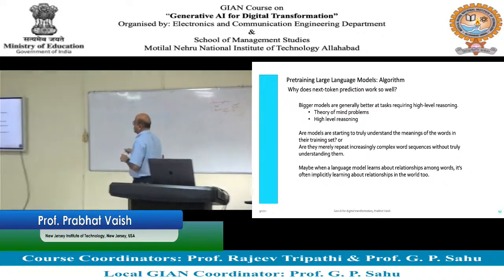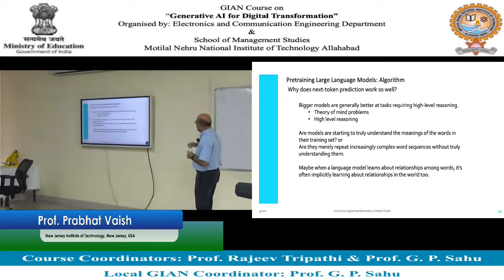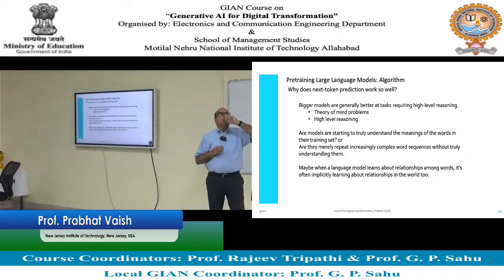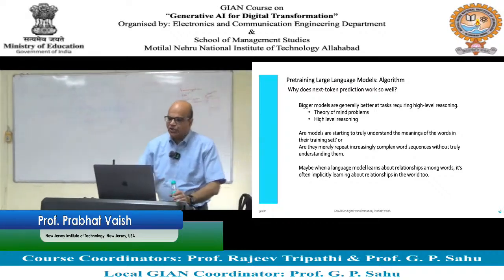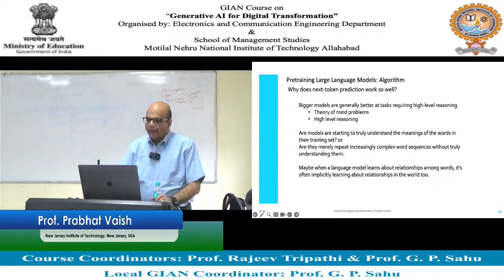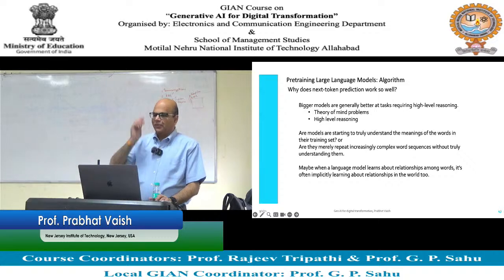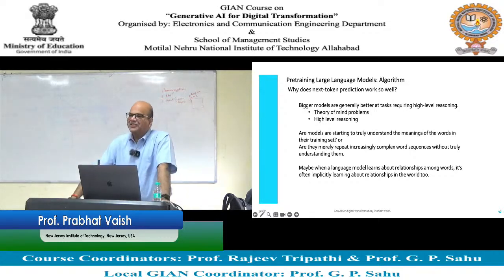This is what we were talking about, theory of mind problems and high-level reasoning, right? And when we stopped, I said let's try to figure out what these models cannot yet do. So anybody, any answer? What can the model not yet do?